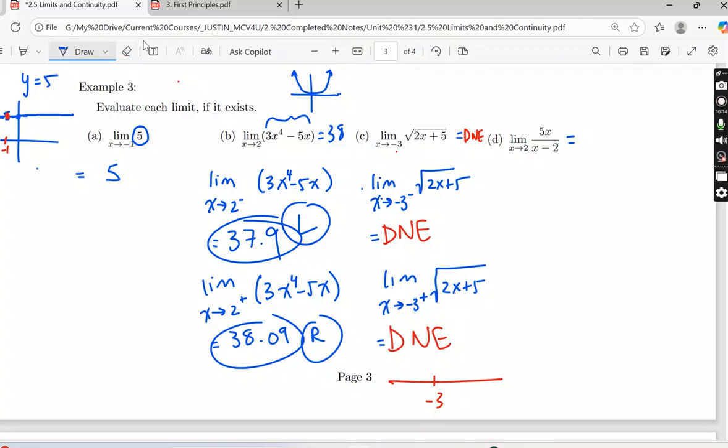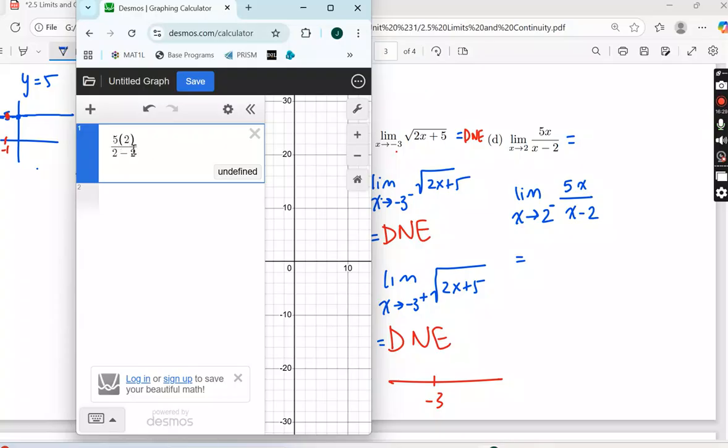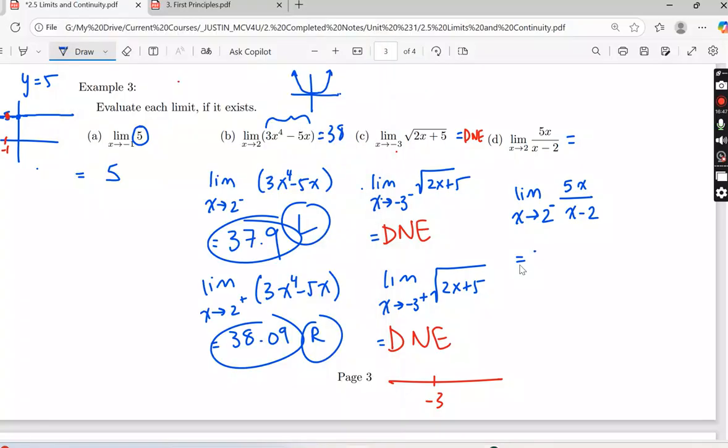So instead, I'm going to test the limit on both sides. Limit as x approaches 2 of x minus 2. So from the left, I'm going to use 1.999, 1.999 gives me, no, let's add another 9. It becomes a very big number, negative 99. Okay.